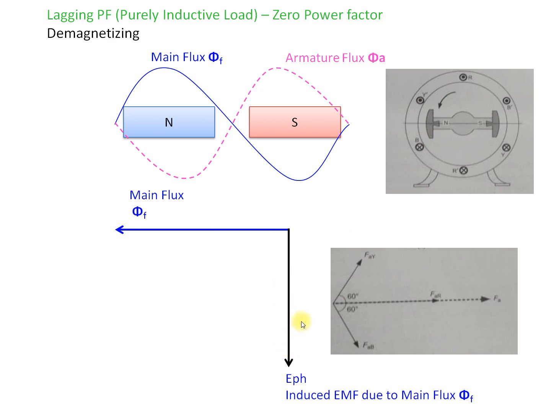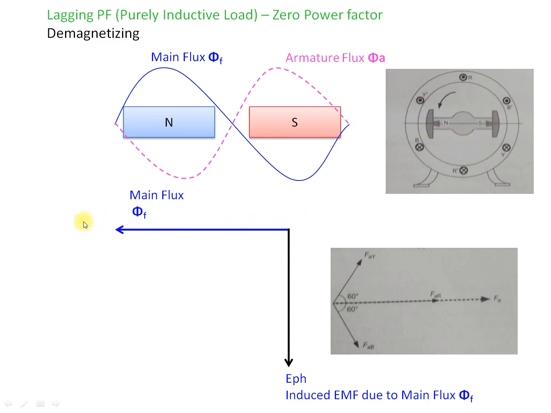Why? Because our resultant MMF will be this 60 degrees to this particular 90 degree to this particular FA vector which has been generated, so that this will be along this particular direction, and the main flux will be acting from the south pole to the north pole.